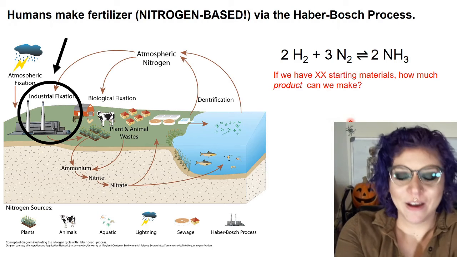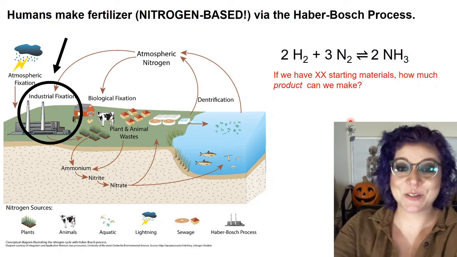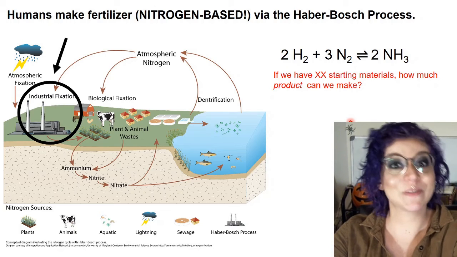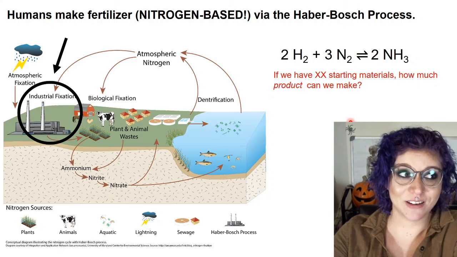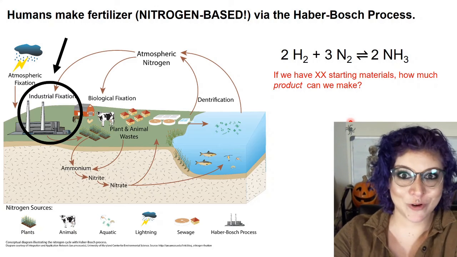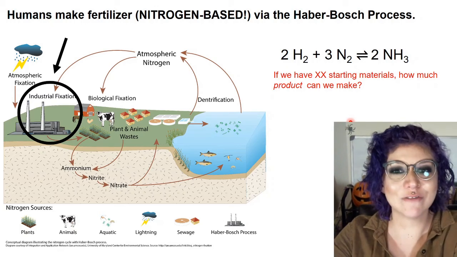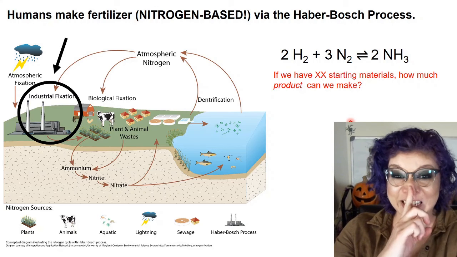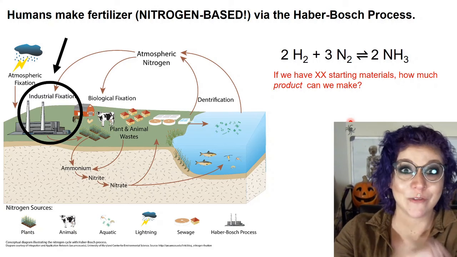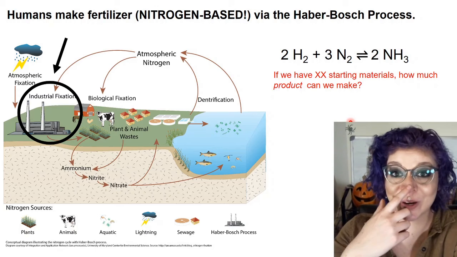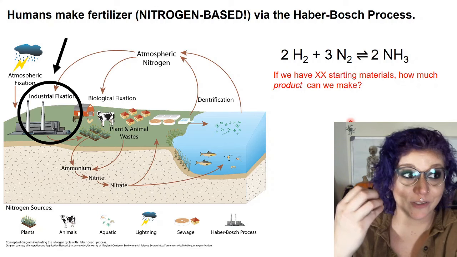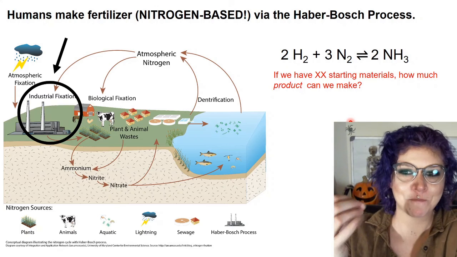Actually, side note, if any of y'all go on to be chemistry researchers, this process is so important because it helped us make way more food so more people could live. But y'all, it's actually a huge consumer of water in the factories. And also there's the issue of runoff waste.